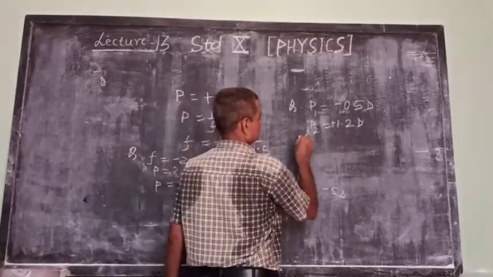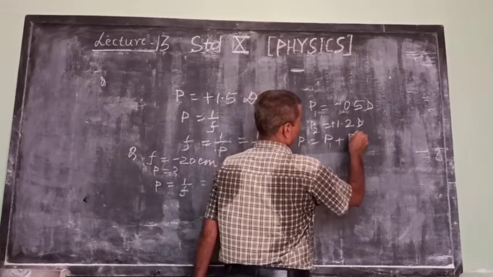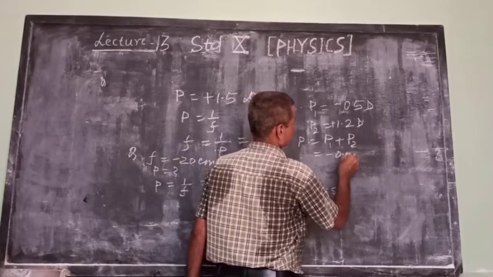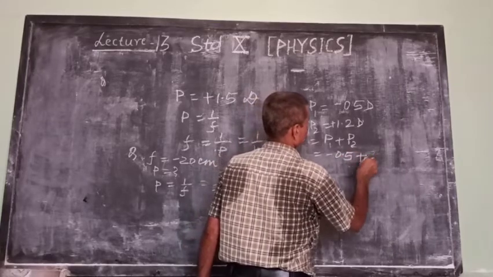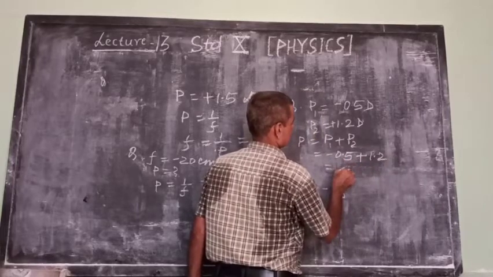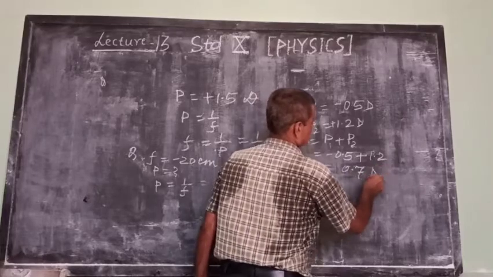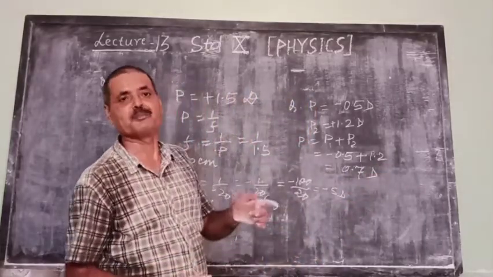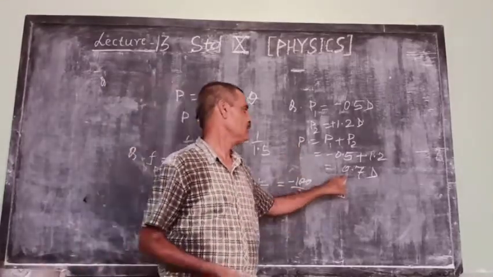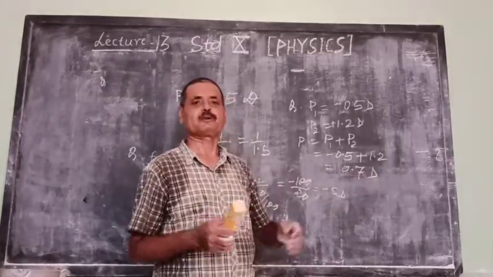The power of combination is equal to P1 plus P2. P1 is minus 0.5 diopter and P2 is plus 1.2 diopter. So this minus this is 0.7 diopter. This is the power of combination. Hence, the power of combination of the given lenses will be 0.7 diopter.